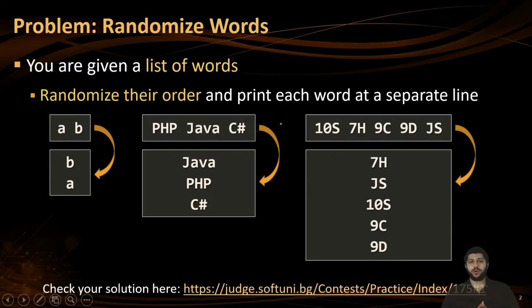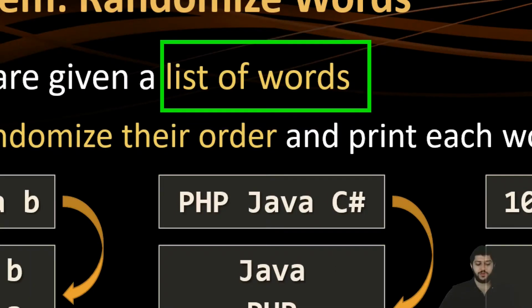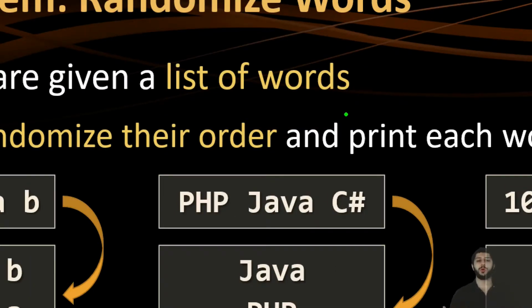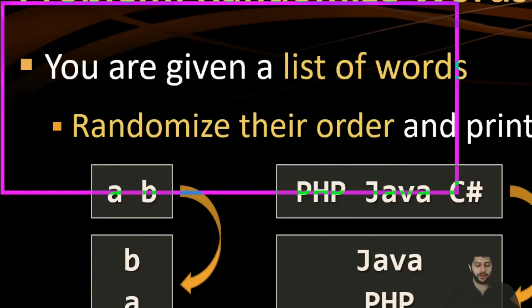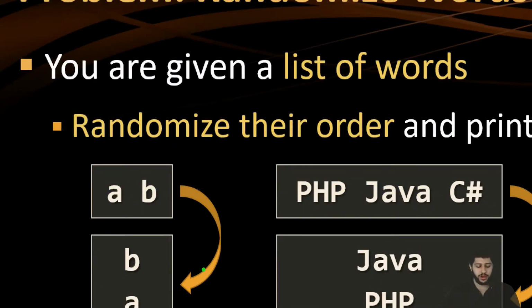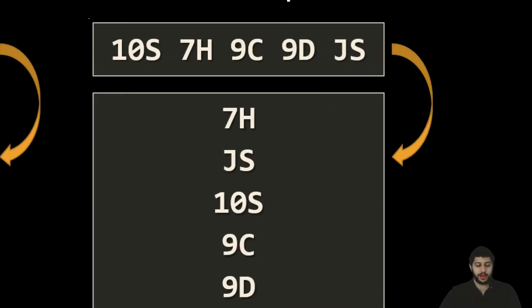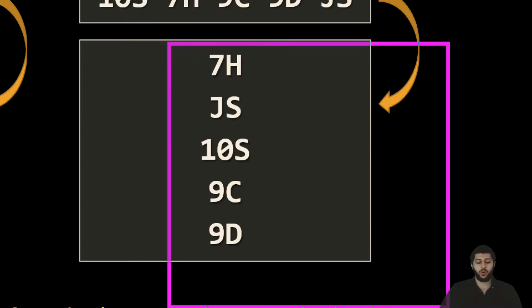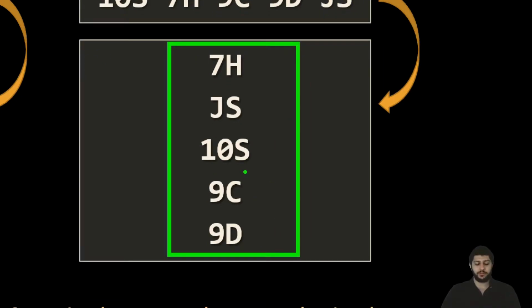But now we're going to create a more simple algorithm to solve this problem. First of all, we're given a list of words. And here we're working with words, only plain text. And we need to randomize their order. So if we get something like 10S, 7H, 9C, 9D, JS, we need to just randomize them.